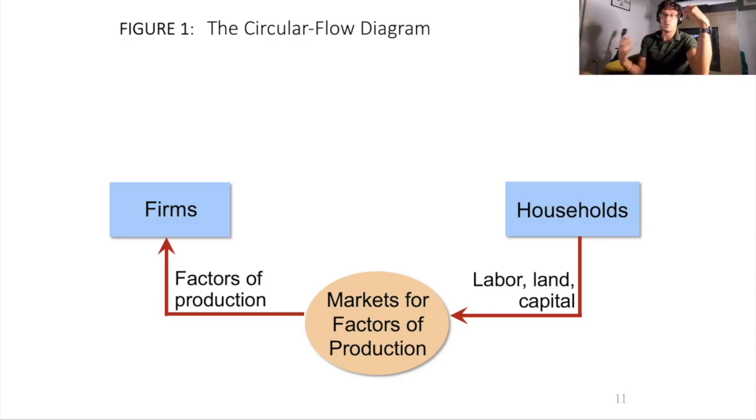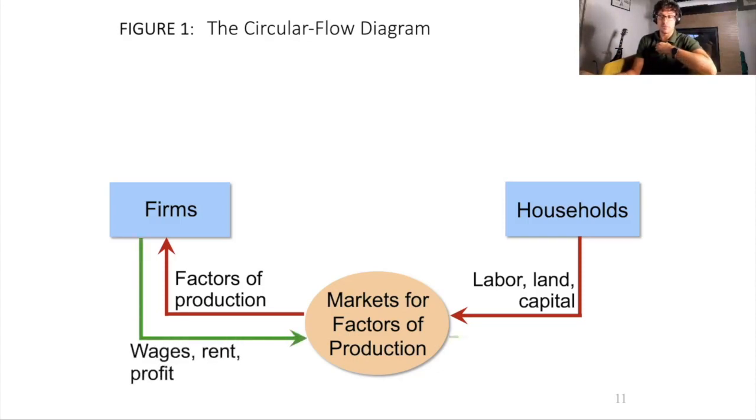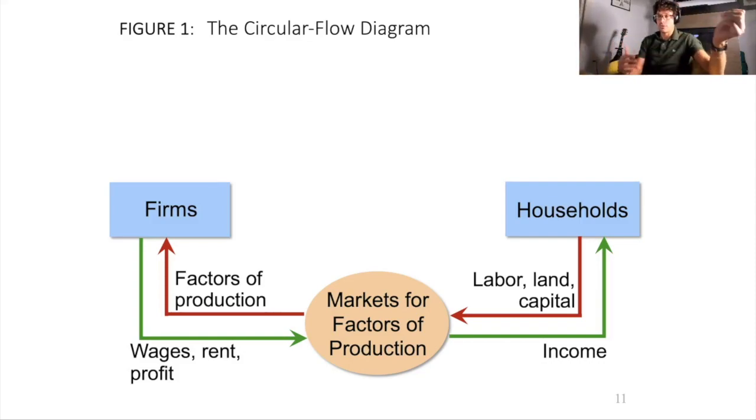So they meet with the firms in the markets for the factors of production. And what happens? Well, the firms in this market buy and hire these factors of production. So in exchange for these factors of production, the firms give wages to repay the labor, rent to repay the land, and profits to repay the capital to the households.